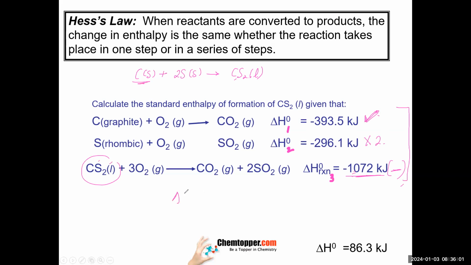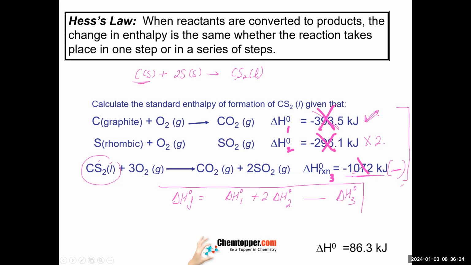So what is delta H naught reaction, delta H naught formation? It is delta H naught 1 plus 2 times delta H naught 2, minus delta H naught 3. So in the multiple choice question form, when these values are not given, they are not asking you to calculate.